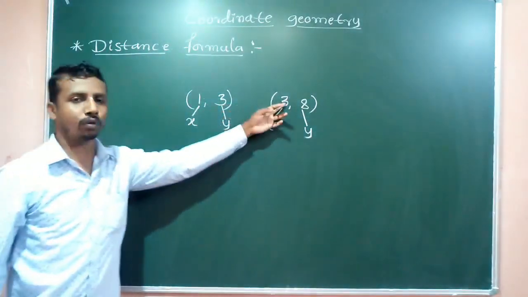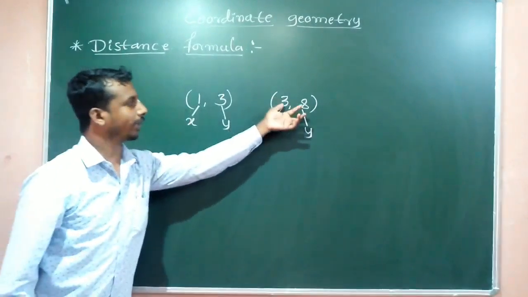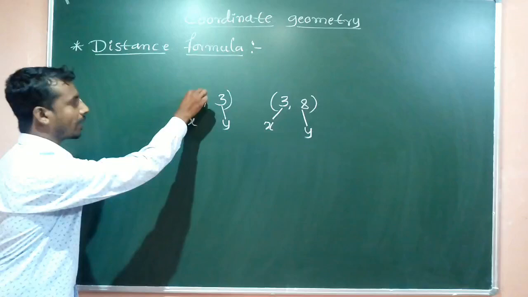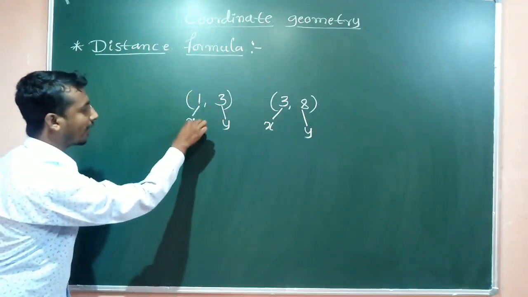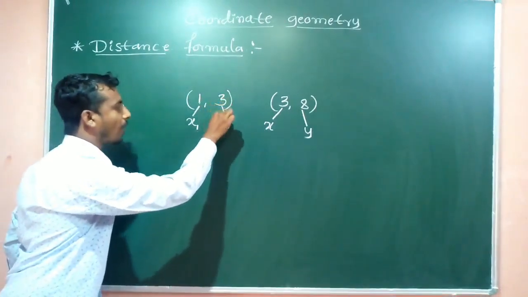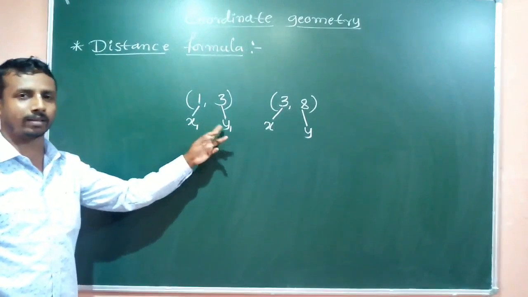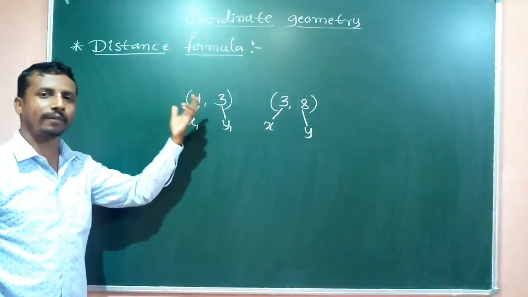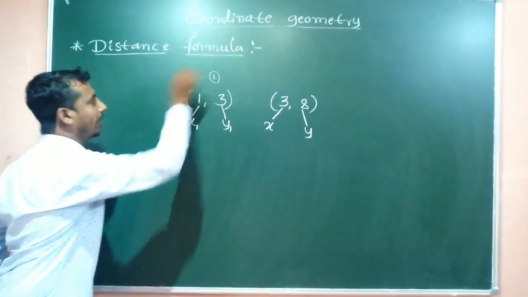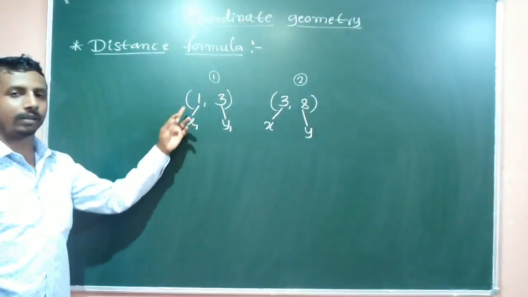Now here there are two points: (1, 3) is the first point and (3, 8) is the second point. In the first point, the value of x is denoted by x1 and the value of y is denoted by y1. So x1, y1 are the values of x and y in the first point.